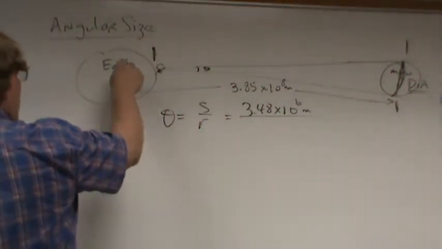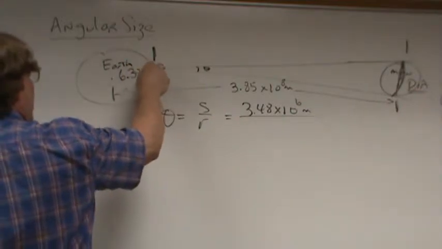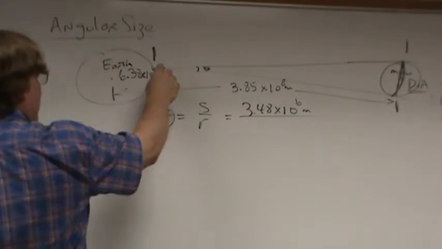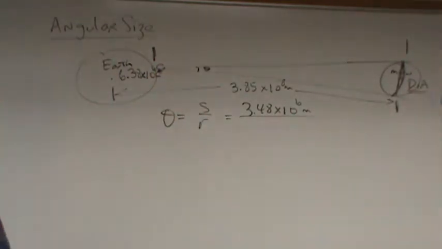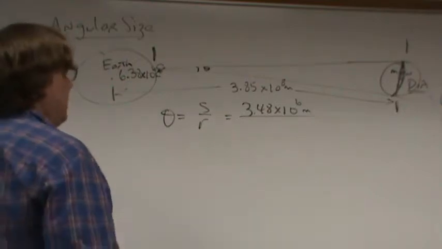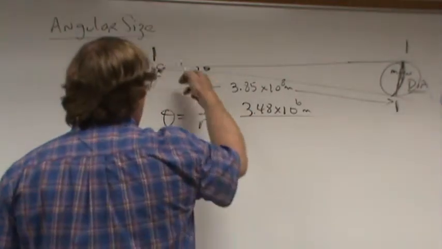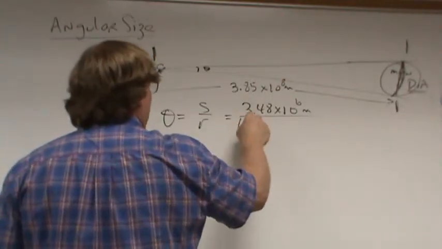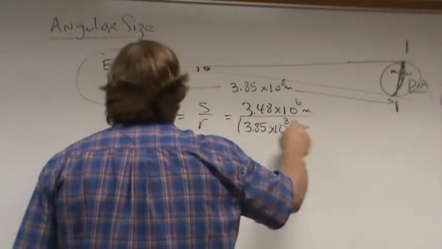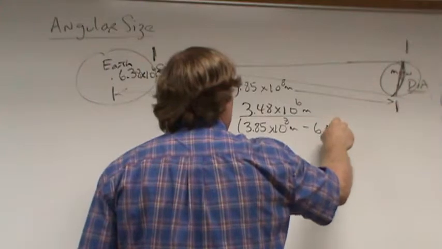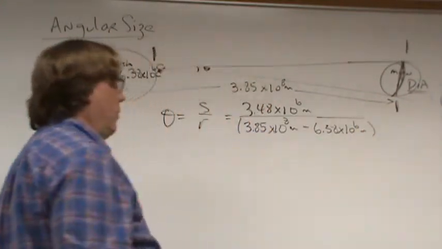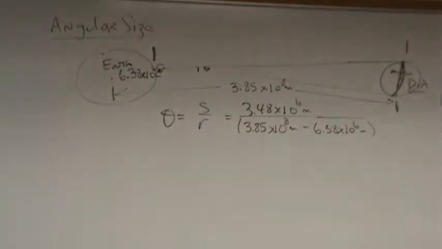I'm going to have to subtract off 1 Earth radius, which is 6.38 times 10 to the 6th meters. So to get a really accurate measure, it's my mistake because I should have put it on the paper differently, but anyway, the distance between the dude and the moon is the lunar distance, 3.85 times 10 to the 8th meters, minus 1 Earth radius. So that we're getting the distance between the guy on the surface of the Earth and the moon.